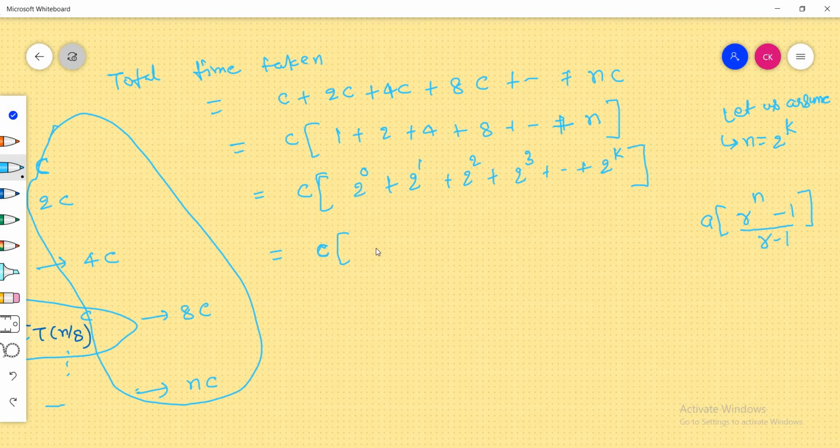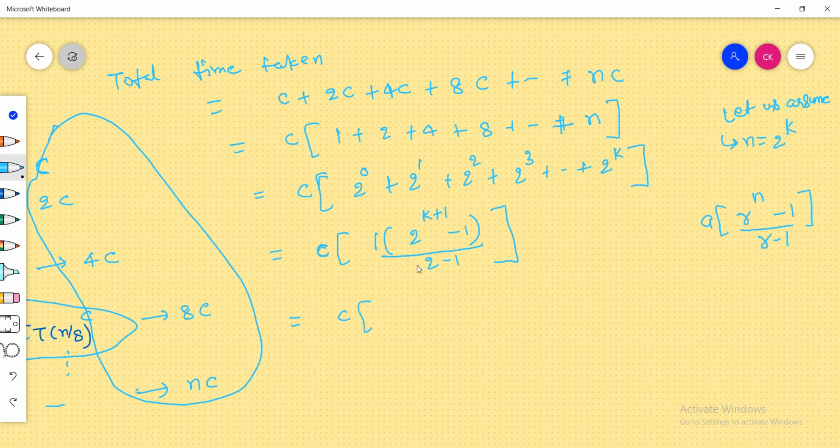2 to the power 0 is nothing but 1, into common ratio is 2, and total number of terms 0 to k is nothing but k plus 1 terms, minus 1 and divided by r minus 1, which is simply 2 minus 1. That is c.